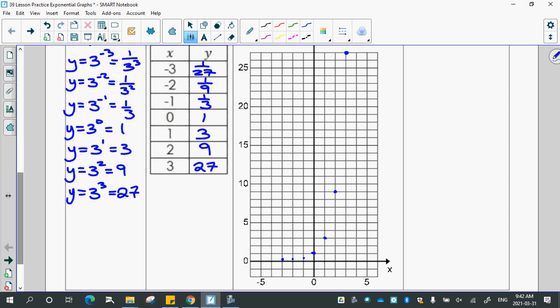Okay. We're going to have a horizontal asymptote along y equals 0. And then just draw it in as best you can. Arrows on both ends. That didn't look very good there. Should be smooth. And then we need domain and range.